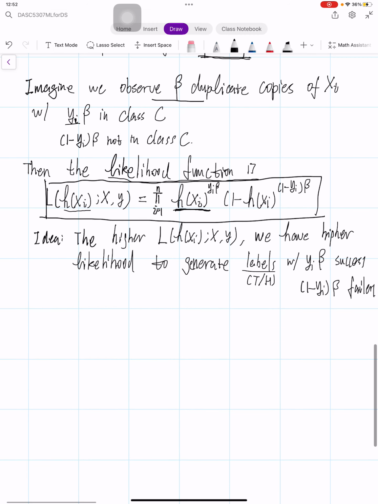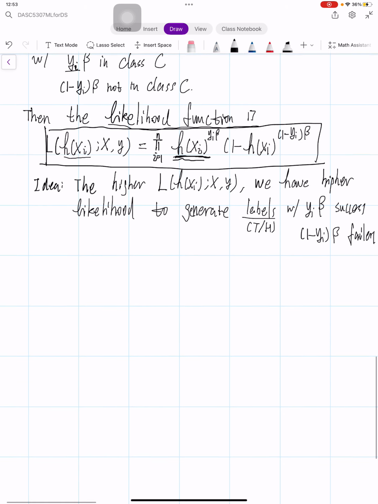And actually, due to computational issues, if you have a very small number to some power n and multiply them together, this will give a very tiny number. Usually it's not accurate if you calculate the product directly.